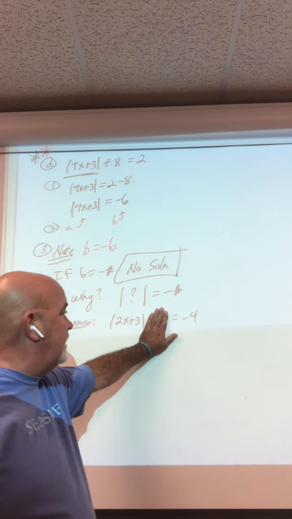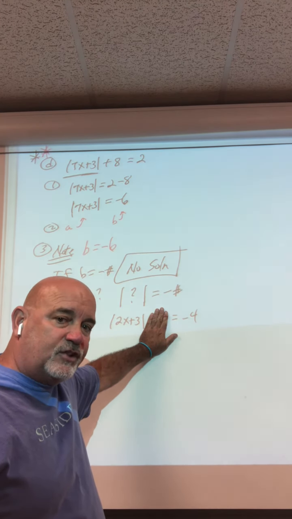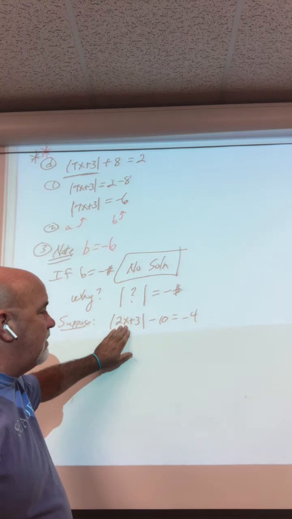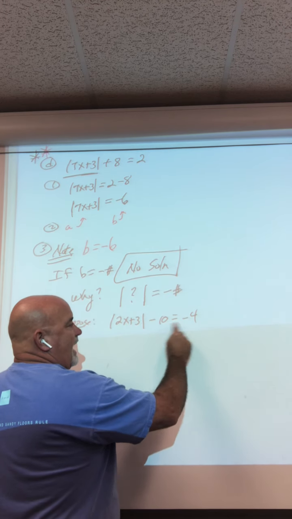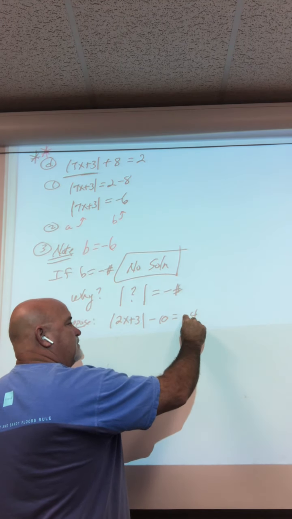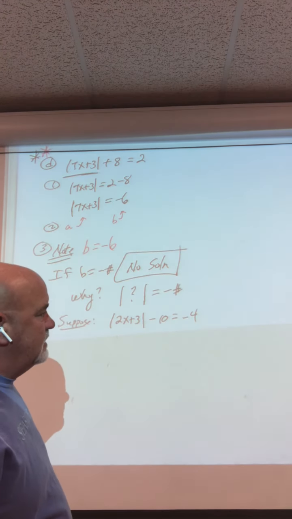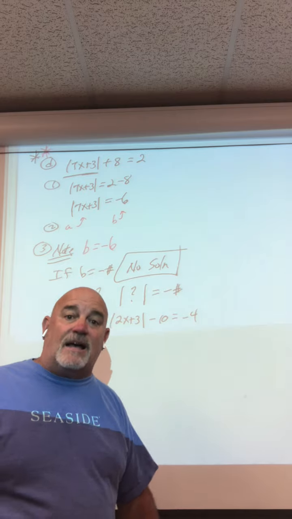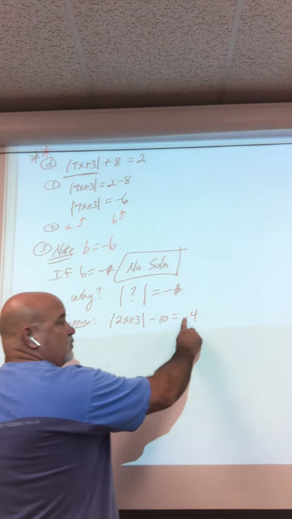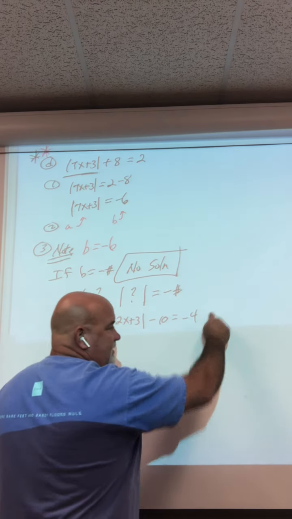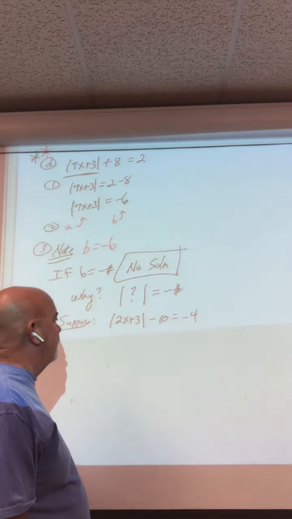Now, if this wasn't here, it would be no solution. But remember what do you have to do in step 1? Get the absolute value by itself. So you have to add 10 to both sides. And when you add 10 to both sides, this becomes -4 plus 10, which is 6. And then B is positive. So this problem actually would have 2 answers. Now, if this was -40 plus 10, it would still be negative. Then I would write no solution.